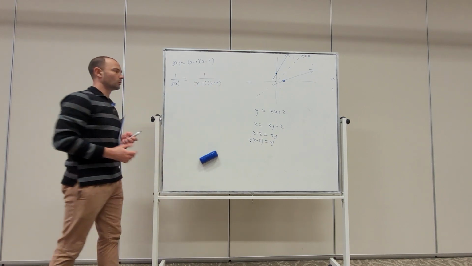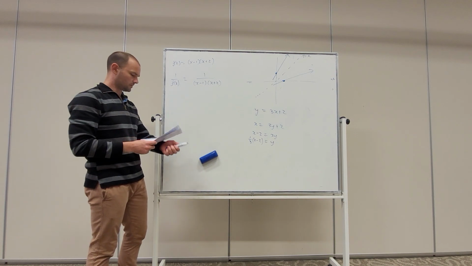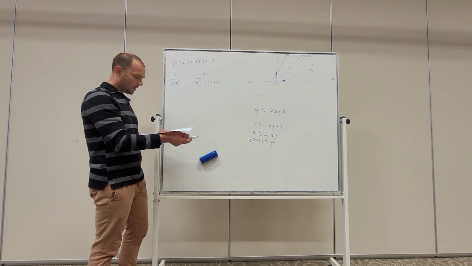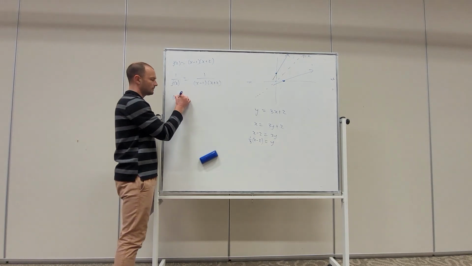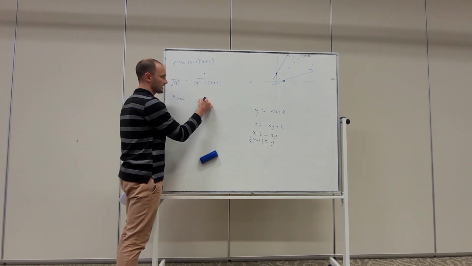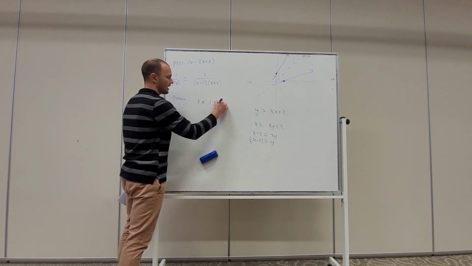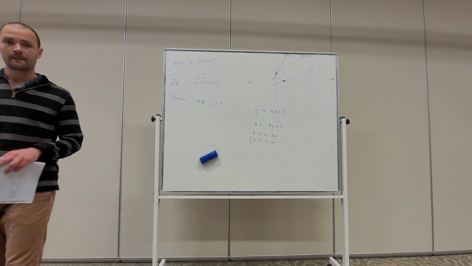So we have a list of all of those properties, and of course we can just graph the function to observe those as well. So find the reciprocal function and state its domain and range. Well, for its domain, we know that it's not going to exist at positive 1 and minus 2. That's where the asymptotes are occurring.